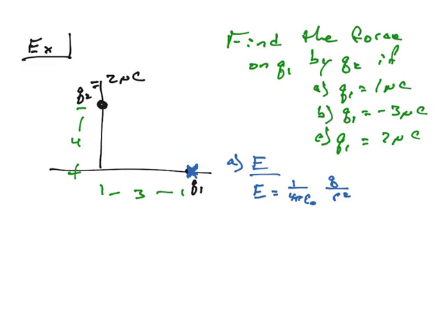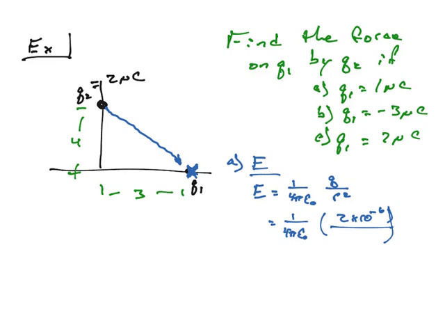Q2 is the charge that's going to give me my electric field. So I have 1 over 4 pi epsilon naught times 2 times 10 to the minus 6, because it's microcoulombs, over R squared. That means I need the distance from Q2 to Q1.